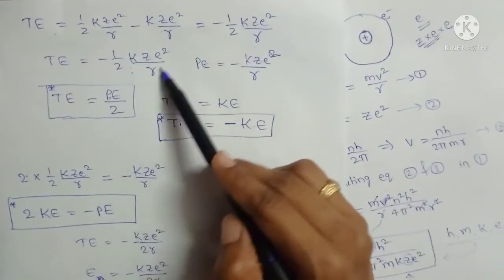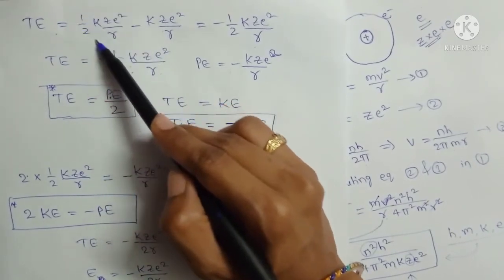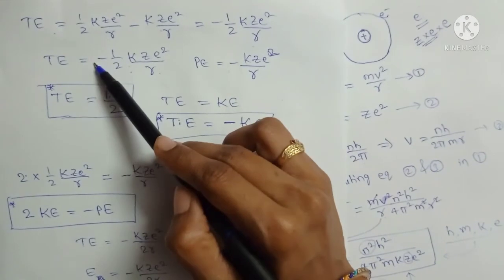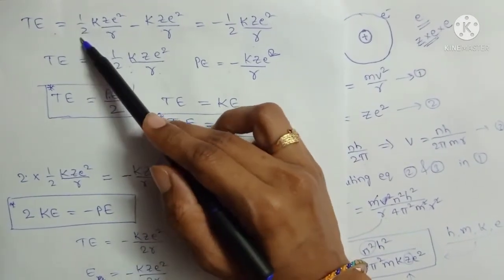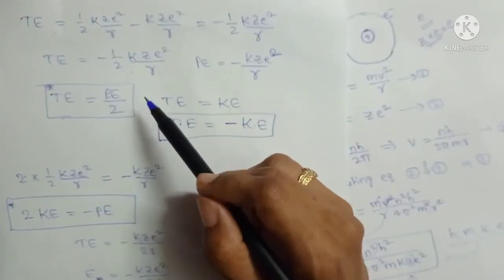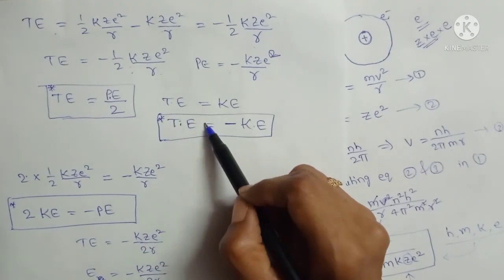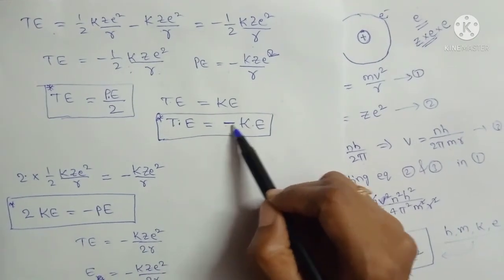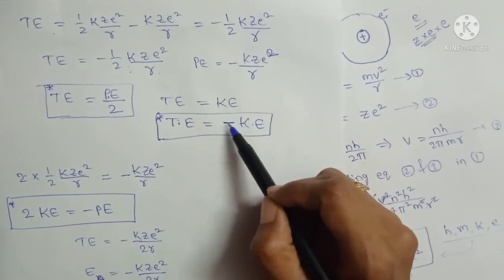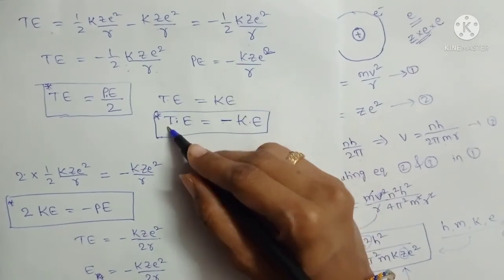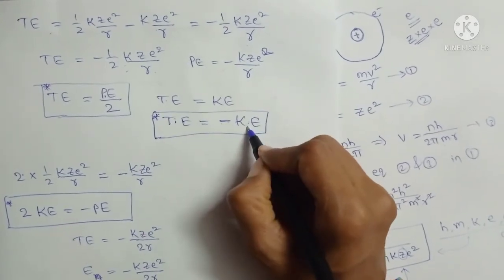If you see this value and the kinetic energy value, they are exactly equal in magnitude but opposite in sign. So what is the relationship between total energy and kinetic energy? Total energy is exactly equal to kinetic energy but negative. So we can derive this relationship: total energy equal to minus kinetic energy.